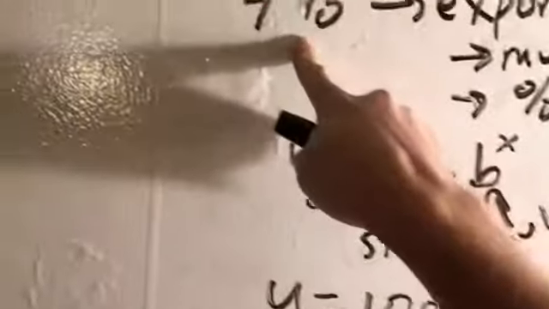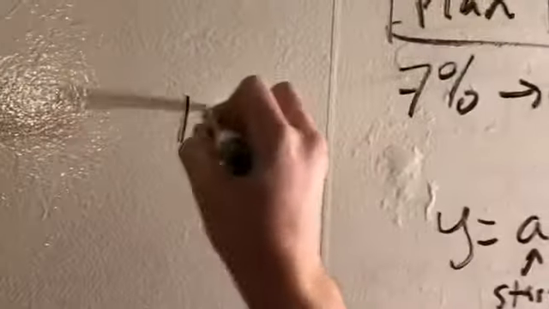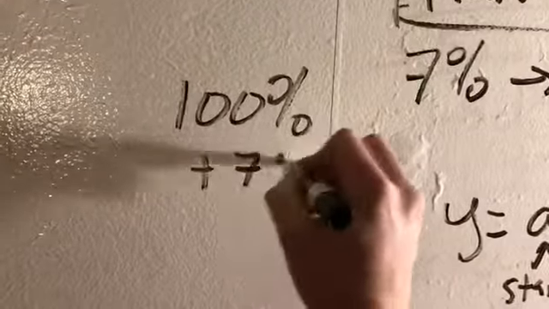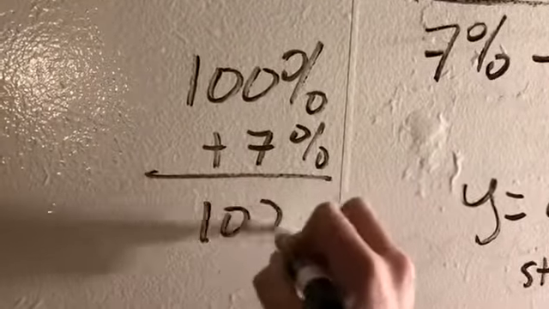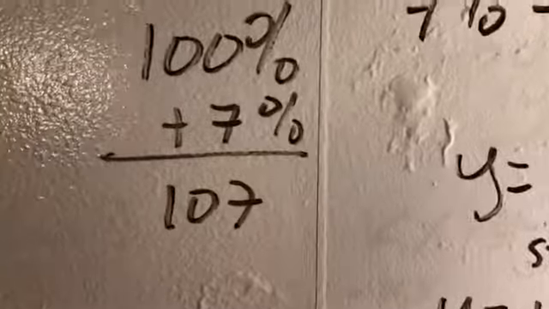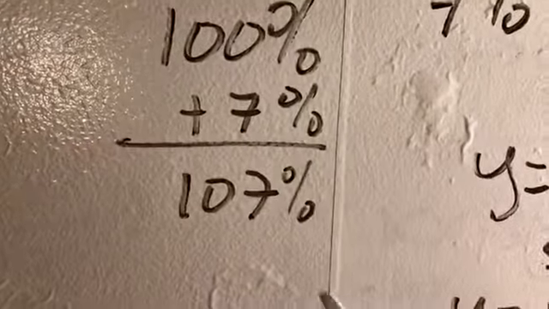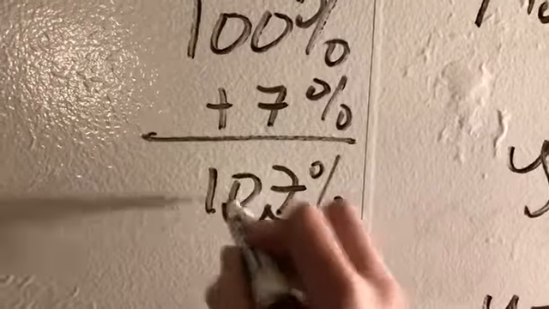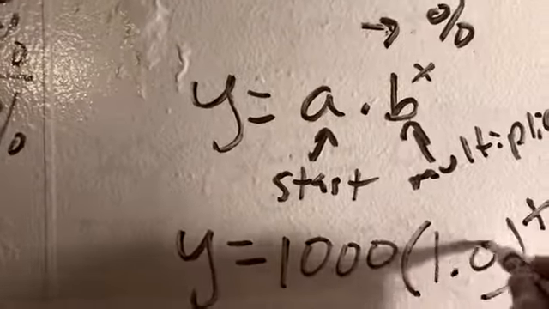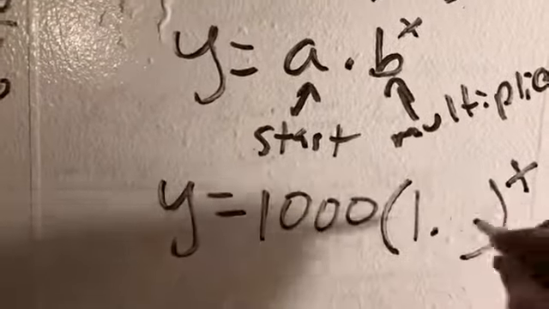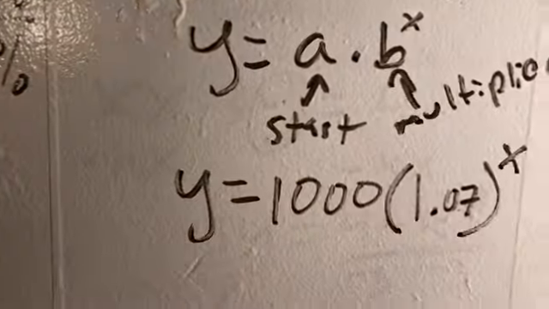Since we're doing the 7% increase, you always start with 100%. And since we're growing our money, we're adding the 7%. So every single year, we're going to get 107% of our money. And if we put that percent as a decimal, you get the 1.07 that's needed. So there's the equation that's needed for plan 1.